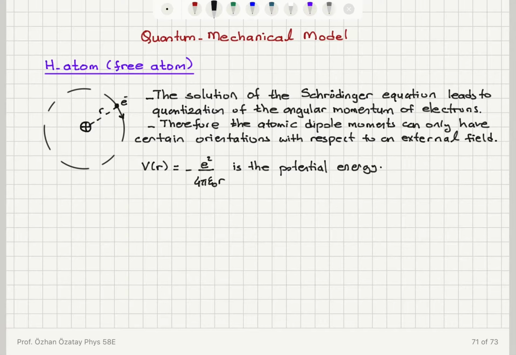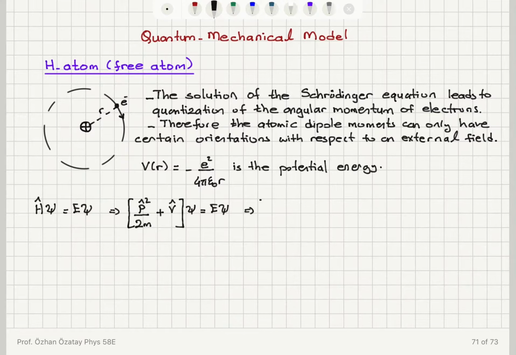Now if you write Schrodinger's equation, the Hamiltonian operator applied to the wave function is equal to the energy times the wave function, and you can write it as the momentum operator squared divided by 2m, which resembles the kinetic energy, and the potential energy operator applied to the wave function psi is going to give us energy times psi.